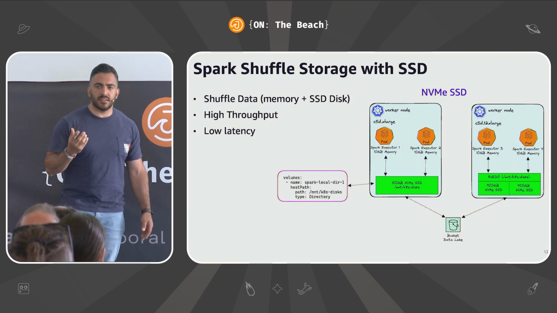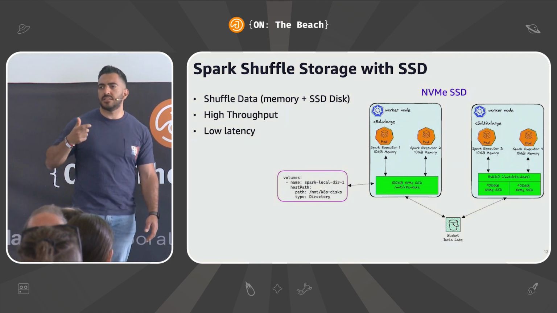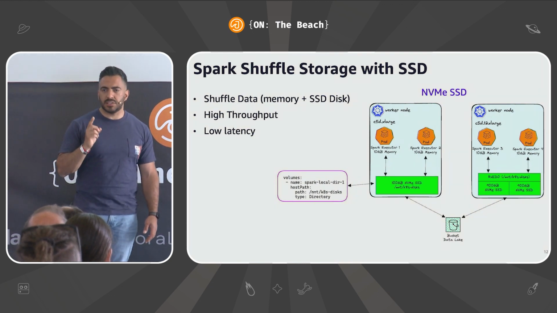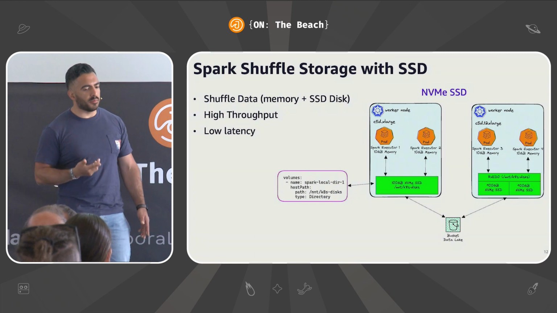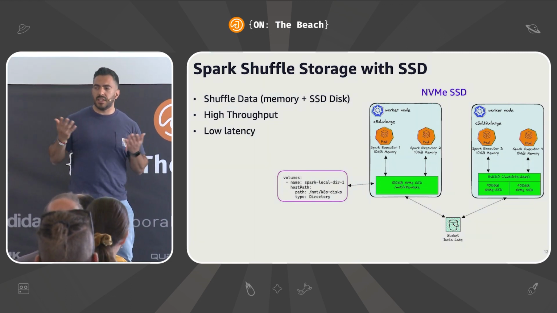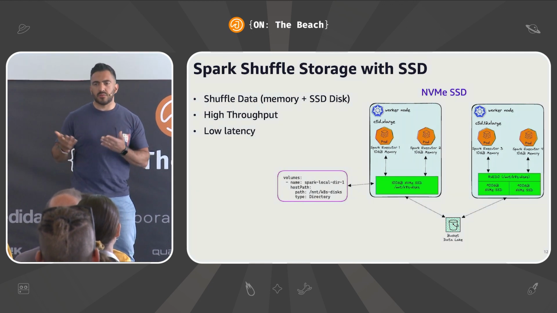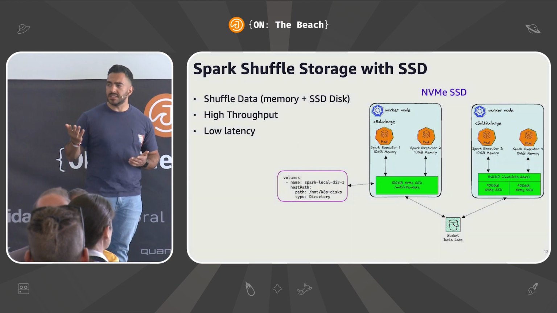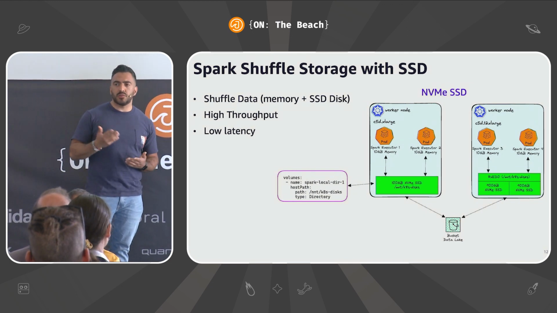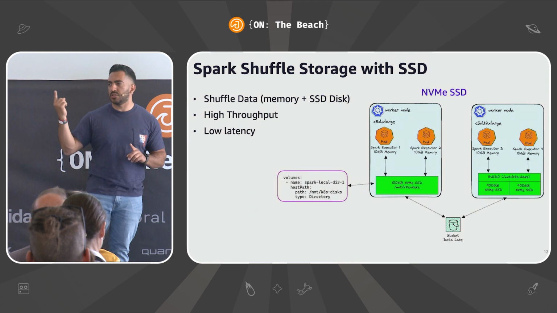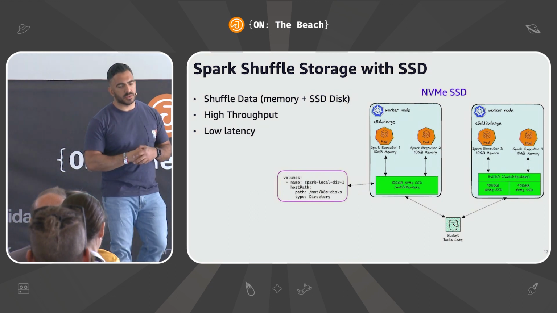The only thing is that it's volatile, so if that instance is terminated, the data is lost, right? But the advantage is that you have high throughput and low latency. And because different instance types might have 1, 2, or even 3 disks attached as NVMe disks, you need to configure them. We recommend you use a RAID 0 configuration so that for the job, it will be only 1 disk or 1 unit, right? So we recommend you use that.